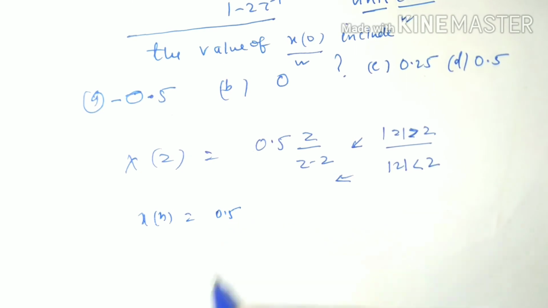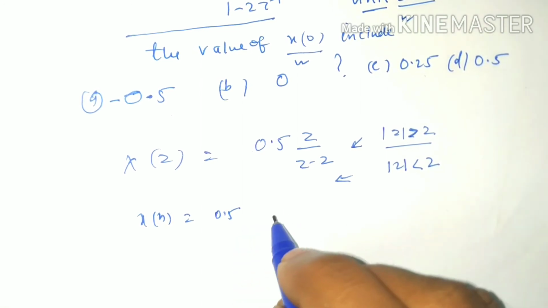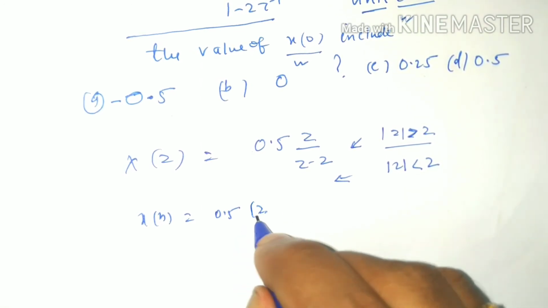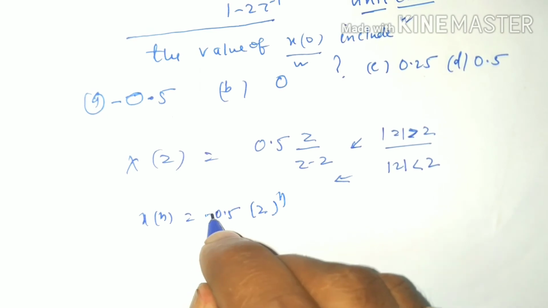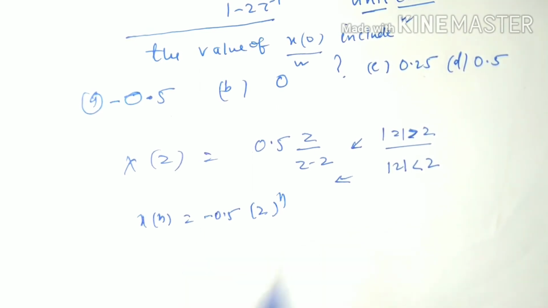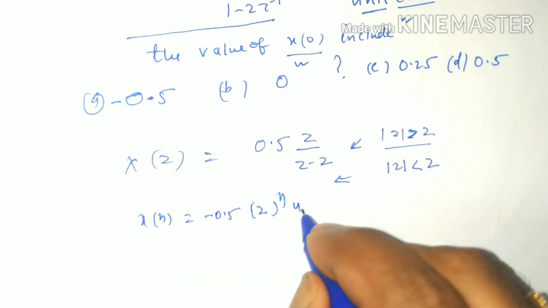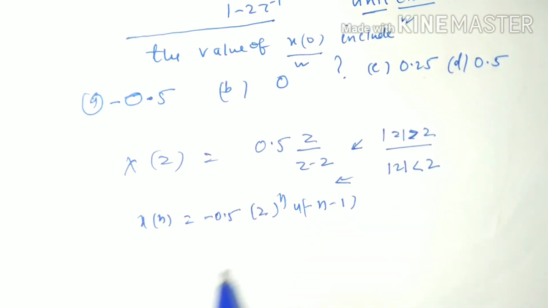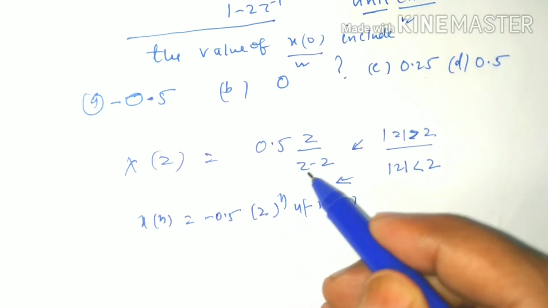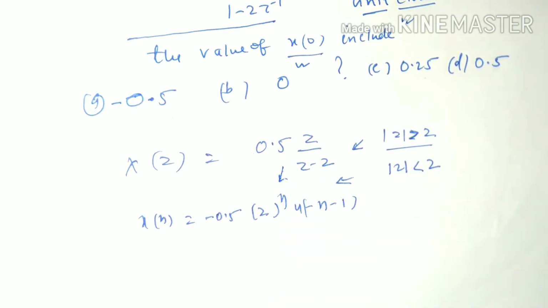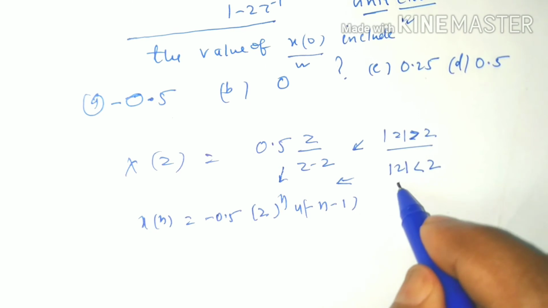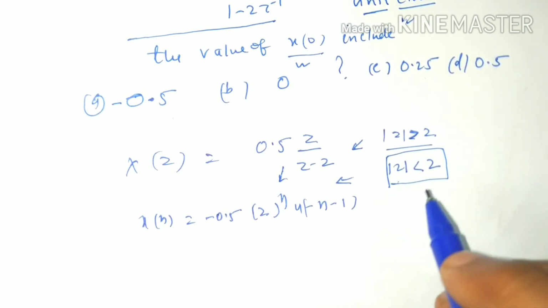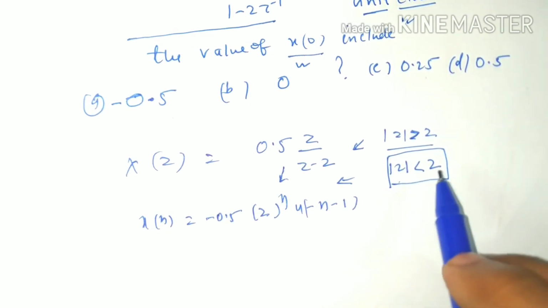So for its inverse Z transform, the constant can be taken as it is, and this becomes a to the power n, and with the minus sign also can be taken a to the power n u of minus n minus 1. This one will be the inverse Z transform of this signal, because the ROC tells that modulus of Z should be less than 2.